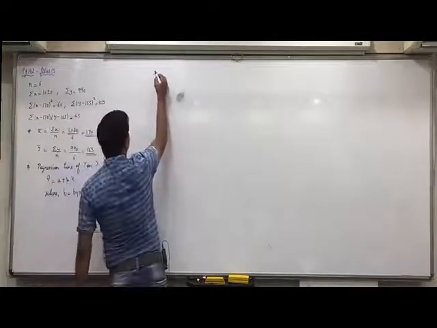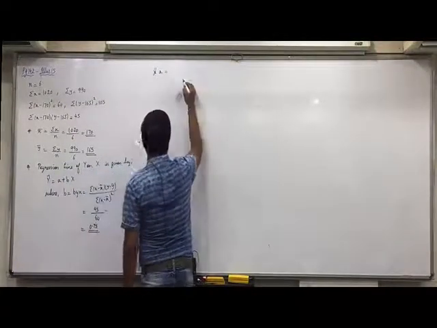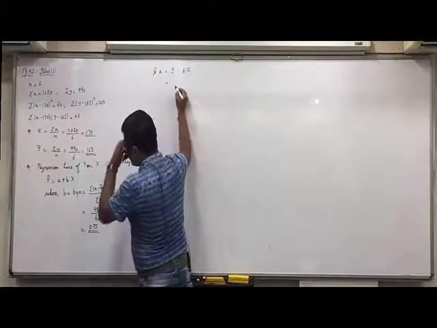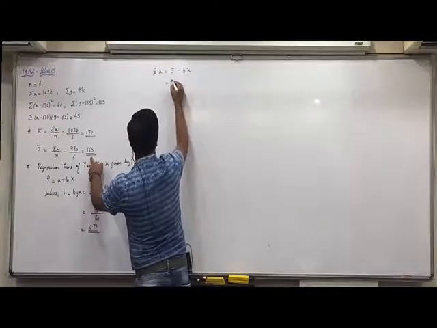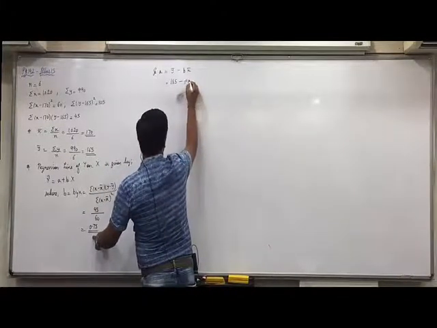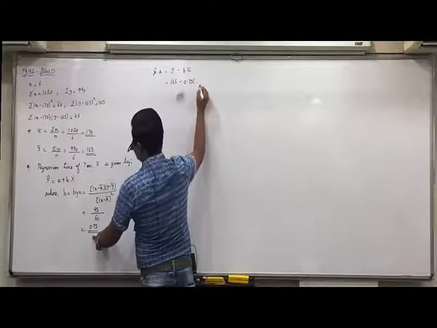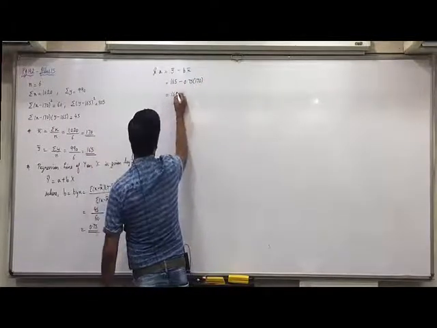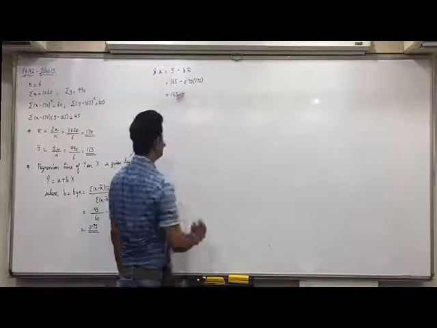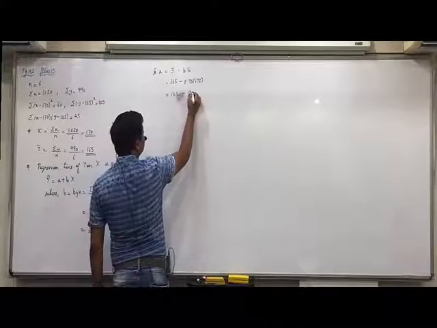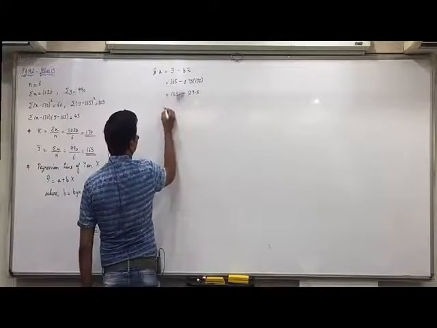And a is equal to y bar minus b x bar. Y bar is 165, we obtained it. Minus b is 0.75, we obtained it, into x bar is 170. So 165 minus, what is 0.75 into 170? 127.5.